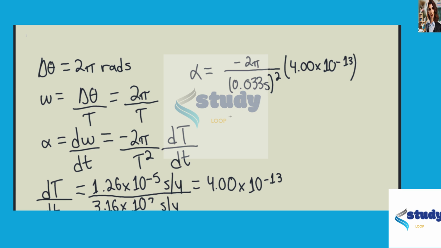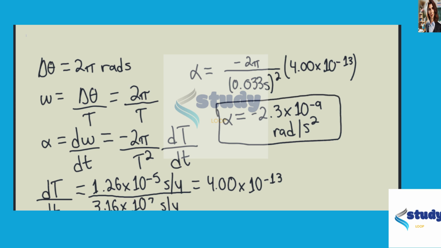And we find that alpha is then equal to negative 2.3 times 10 to the negative ninth radians per second squared. So this would be our answer for part A. And note, the negative sign essentially indicates that the angular acceleration is opposite the angular velocity, and the pulsar is, of course, slowing down. So if we have a negative angular acceleration, the pulsar is slowing down.